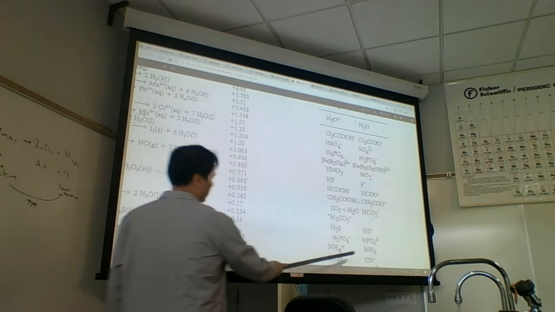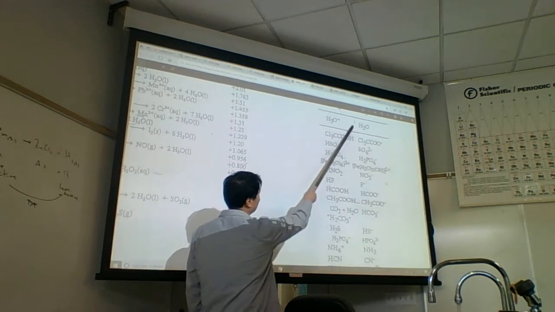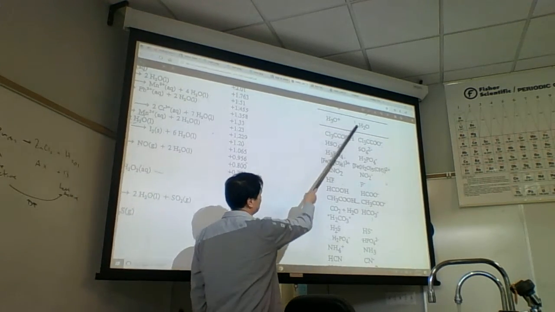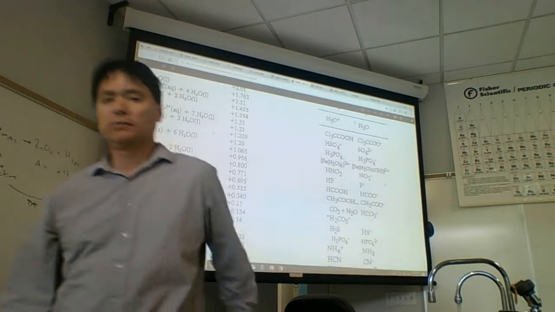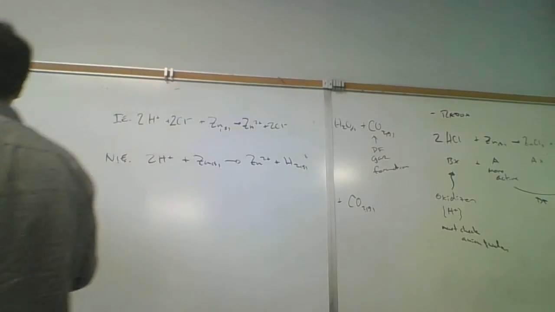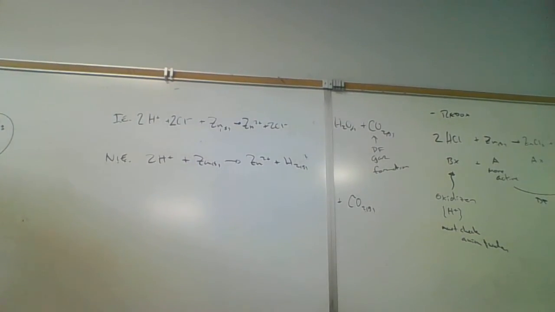Okay, here's ammonia, here's water. Which one's a stronger base? Ammonia. Ammonia is quite a bit stronger than water as far as base properties go. So this will be the base.